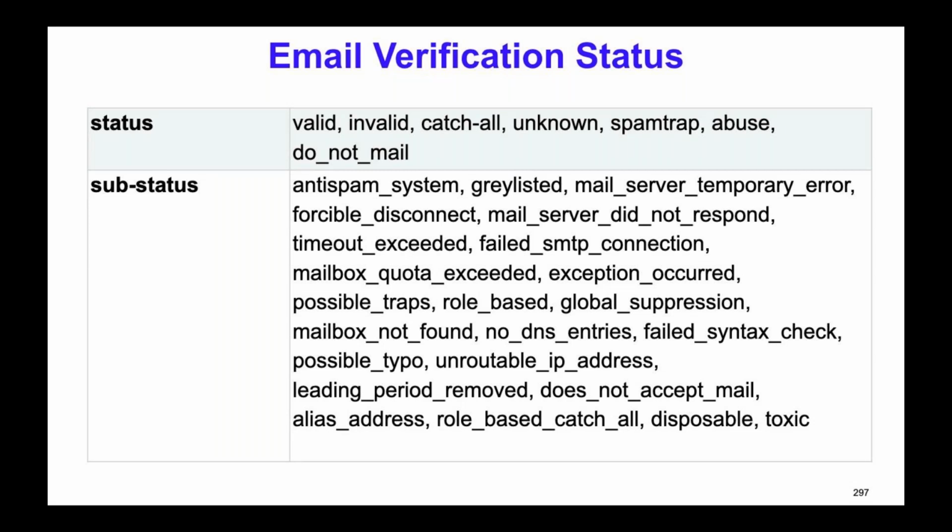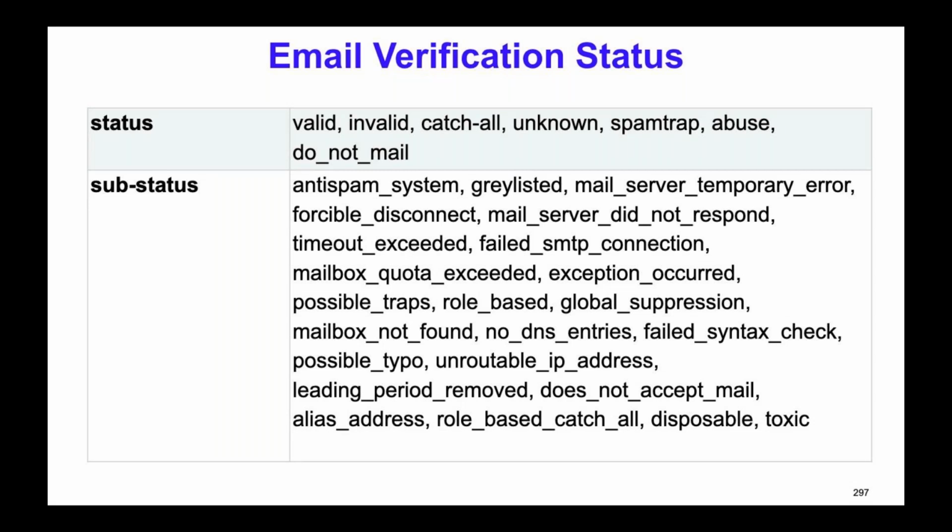Those email addresses are deliberately created by the organization so that they can catch the spammers. So you have to be very careful if you purchase a list. You do not know, sometimes you may have spam trap emails. You want to make sure that those are eliminated. So a big no, do not email the spam trap email addresses.